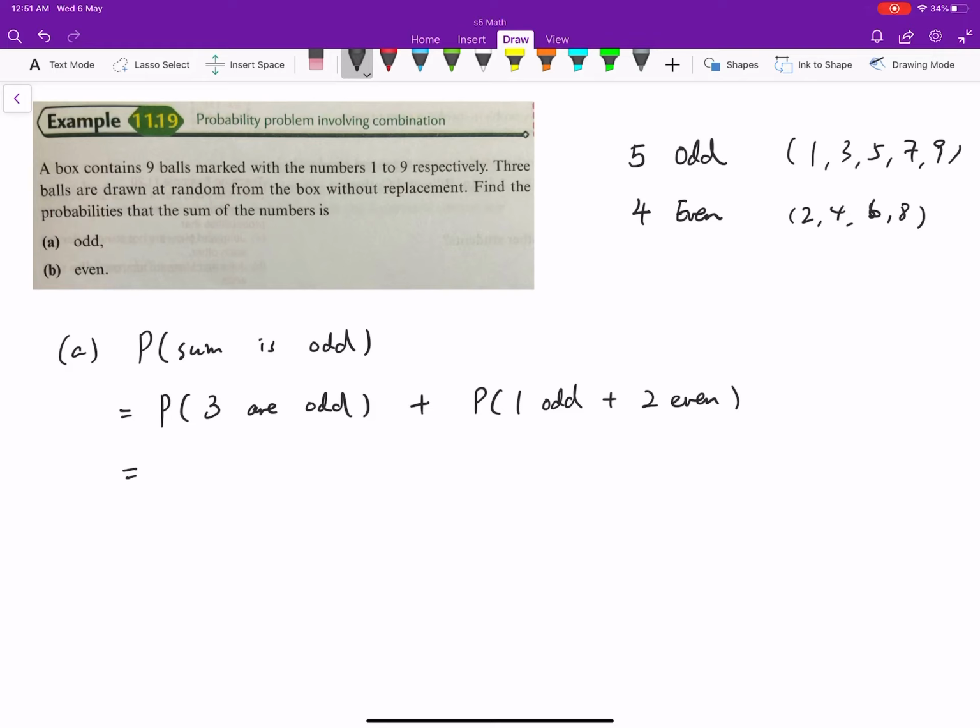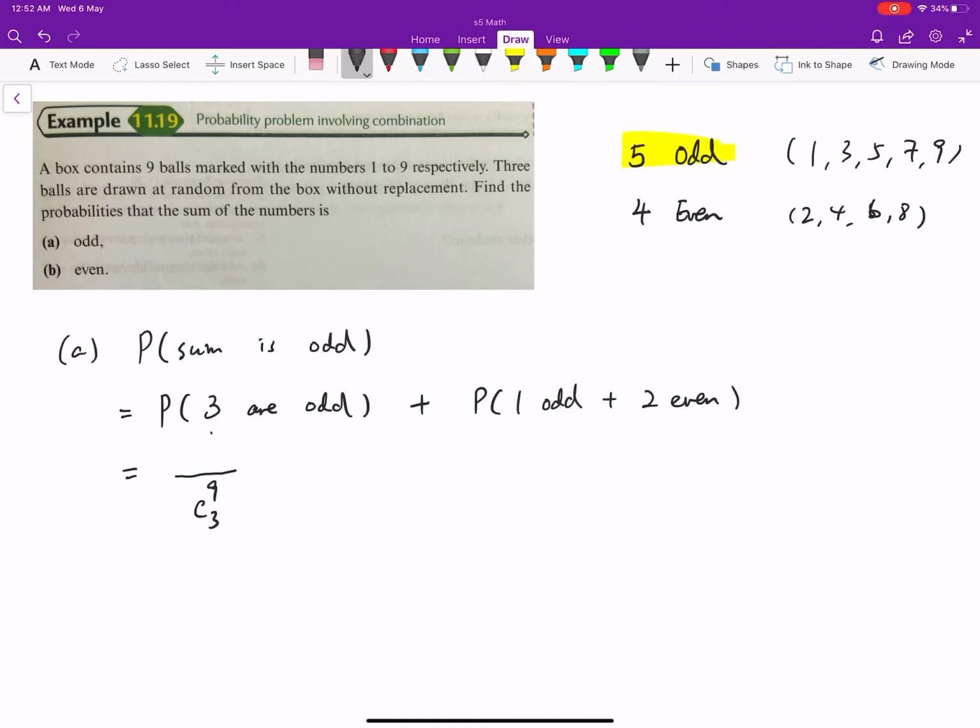So how to find the probability of 3 odd numbers? In a similar way, we take 3 out of 9 numbers, so you get 9C3 for the denominator. And for the numerator, 3 are odd, so we need to take these 3 numbers from the 5 odd numbers, right?